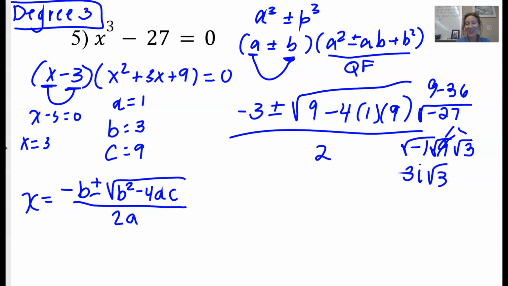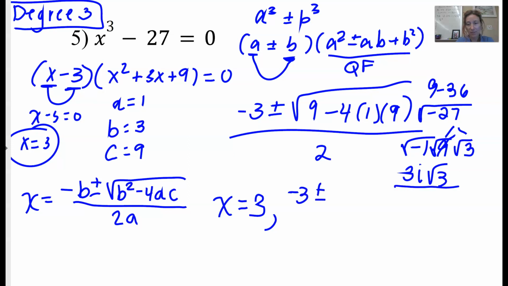And so we have simplified the radical part, and I write my answer as x is equal to, let's remember this guy from the beginning, 3, comma, and then we'll have negative 3 plus or minus this 3i rad 3, all divided by 2.